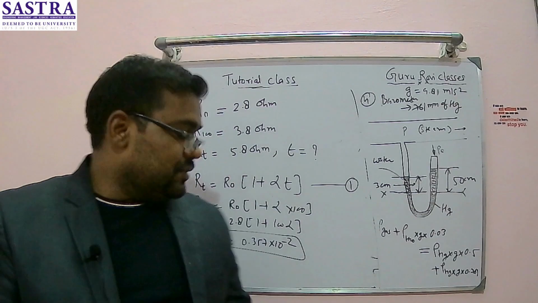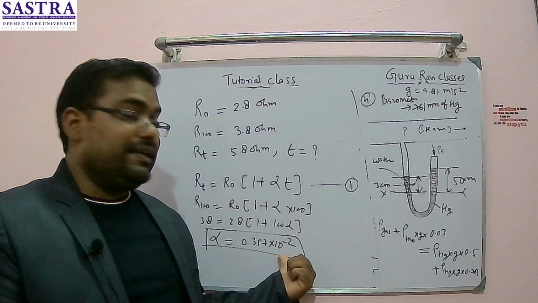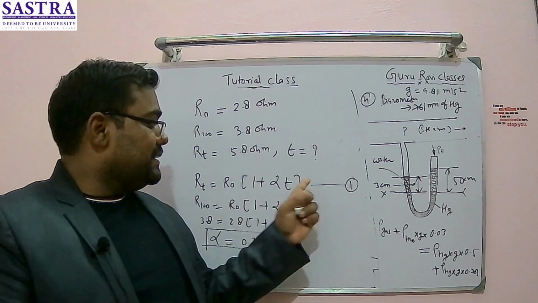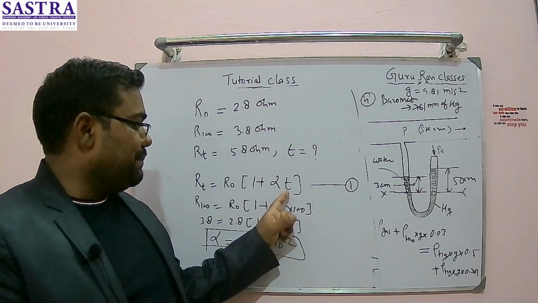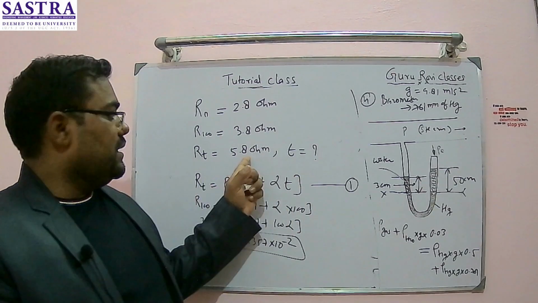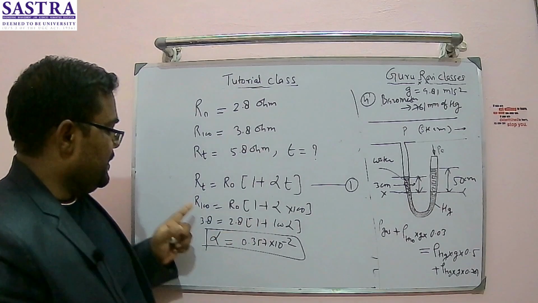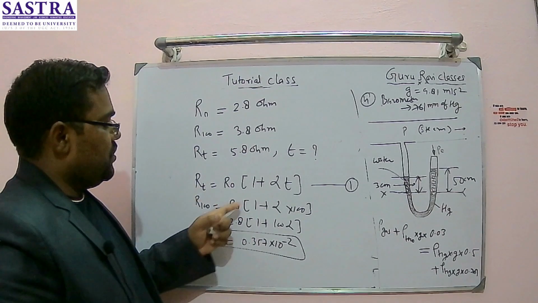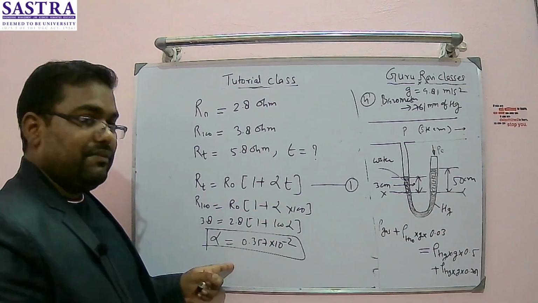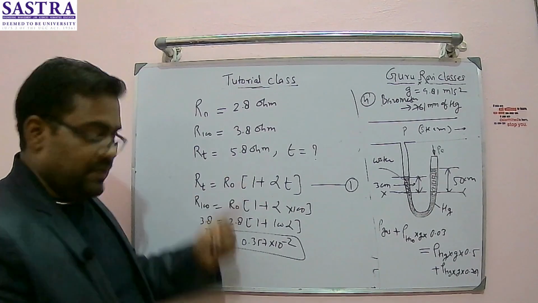the coefficient of expansion of that wire. So the moment I got this alpha, I can again use the same equation to find this temperature at RT. First I used R100, that is R naught times 1 plus alpha into 100, and I got the alpha value. Again resubstitute this value here.